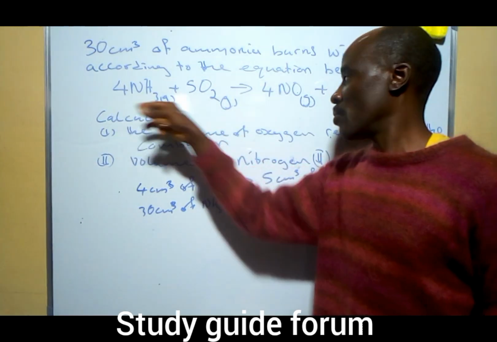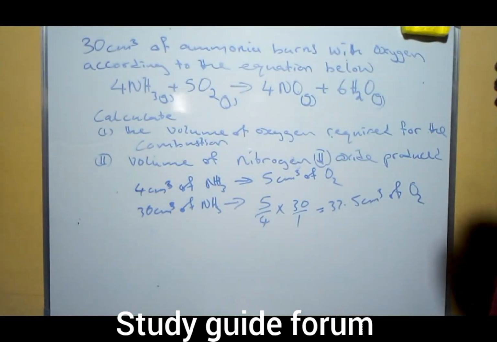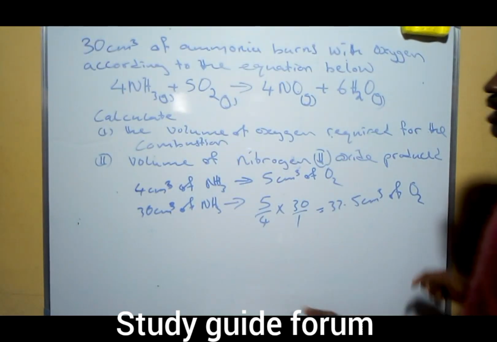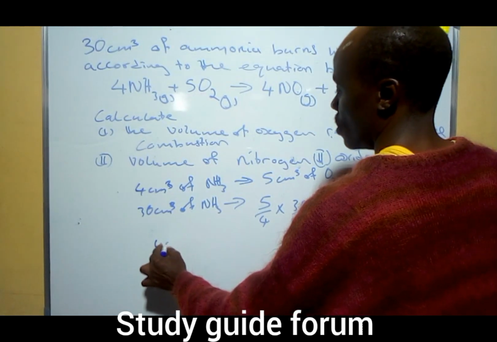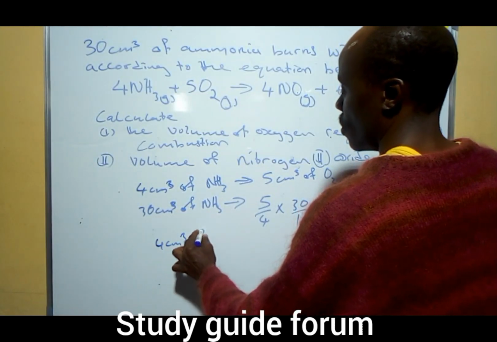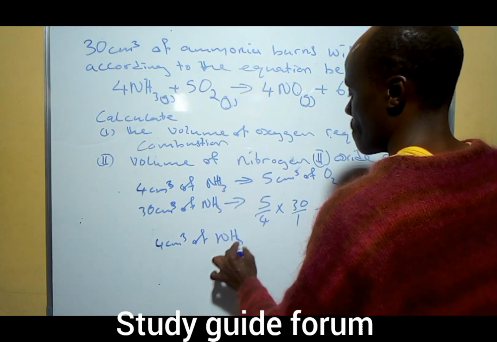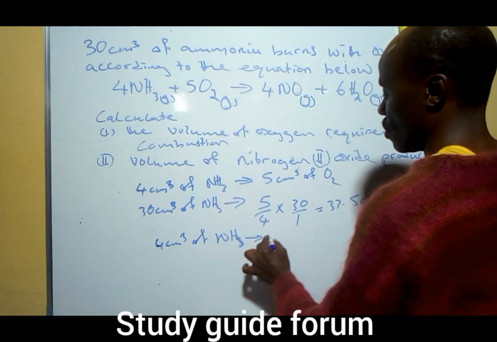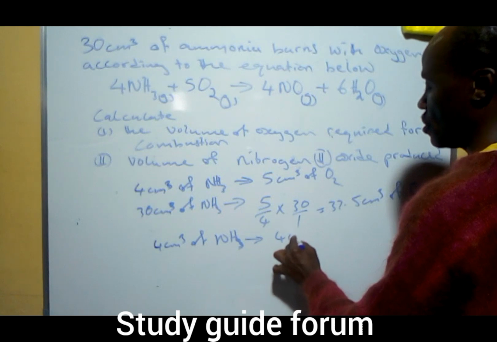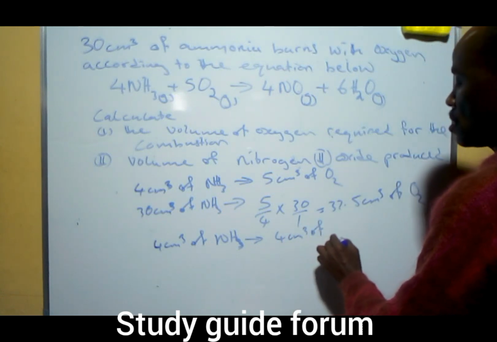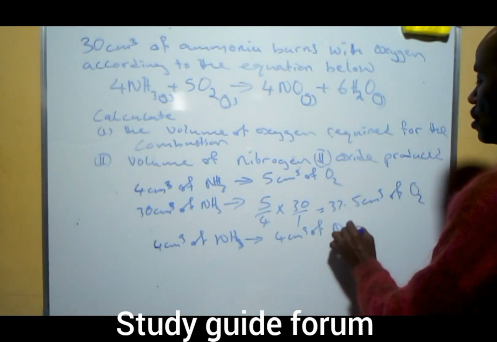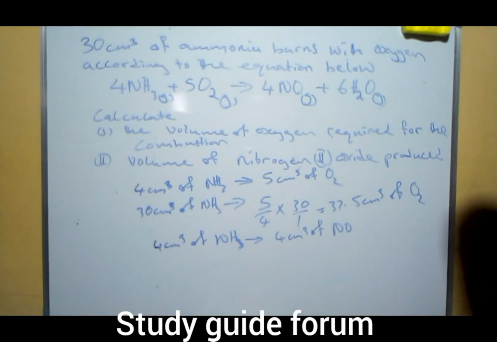if you look at the stoichiometric ratio of the reaction, we find out that 4 cm³ of ammonia will give us 4 cm³ of what? Nitrogen(II) oxide.